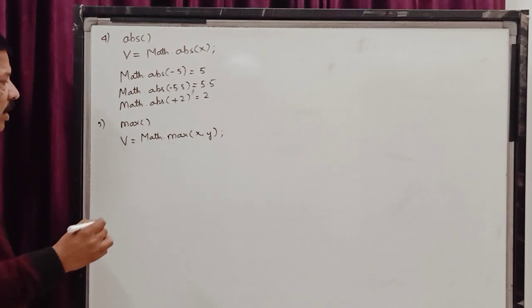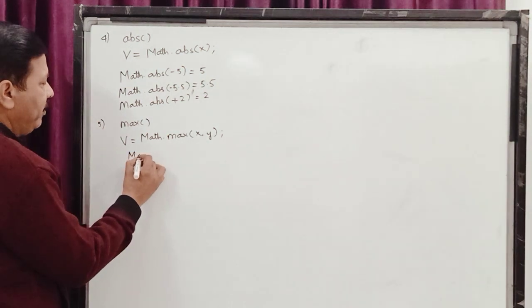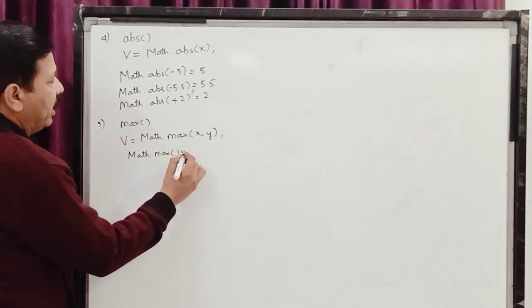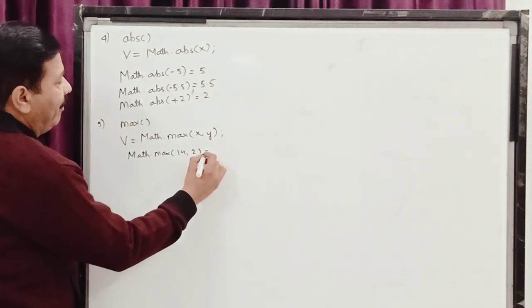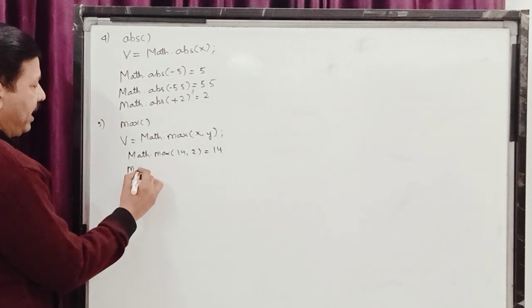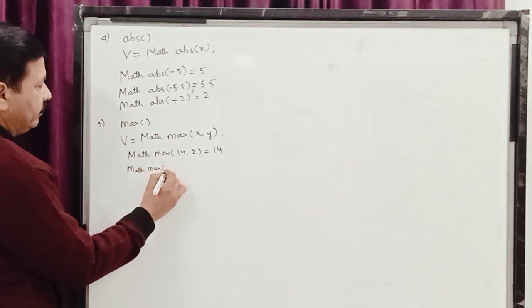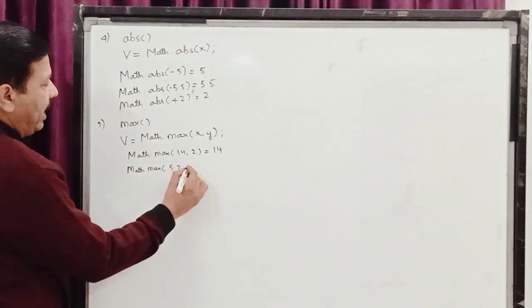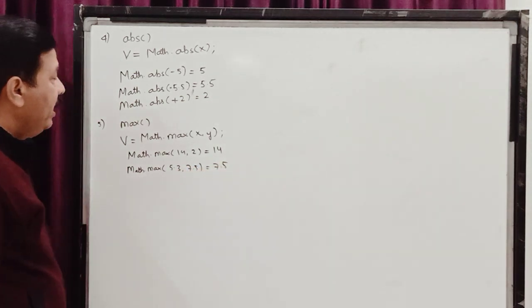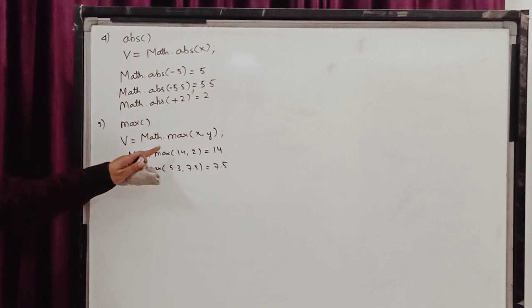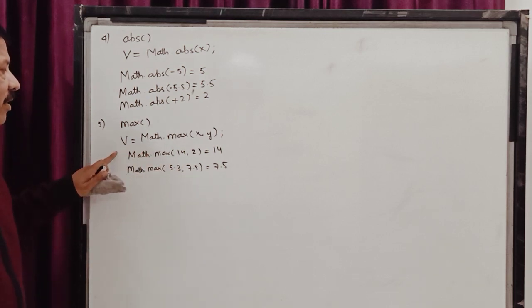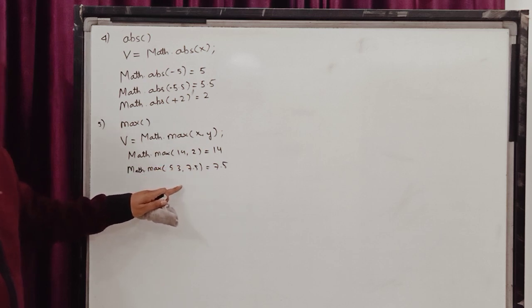Say for example, if the values are max(14, 2), the value returned will be 14. If the value is max(5.3, 7.5), then the value returned is 7.5. Here also the data type of this function is similar to the data type of its argument. So whichever value is larger, that value will be returned.